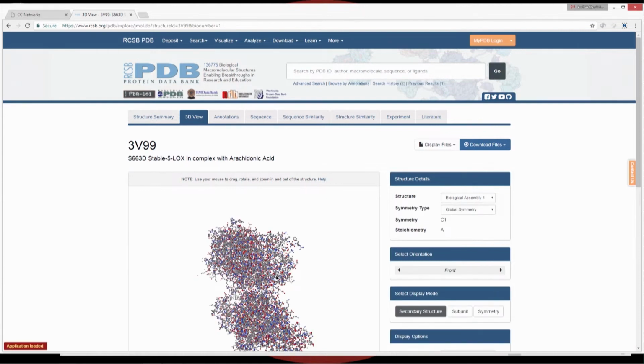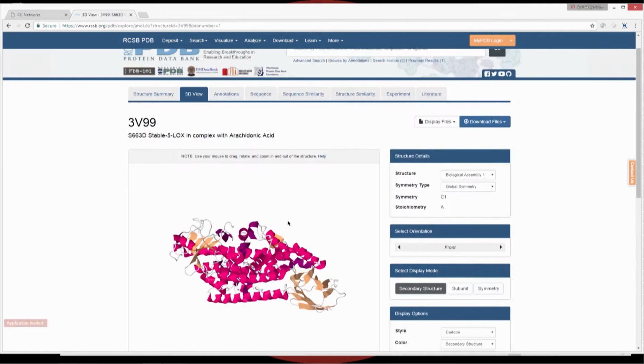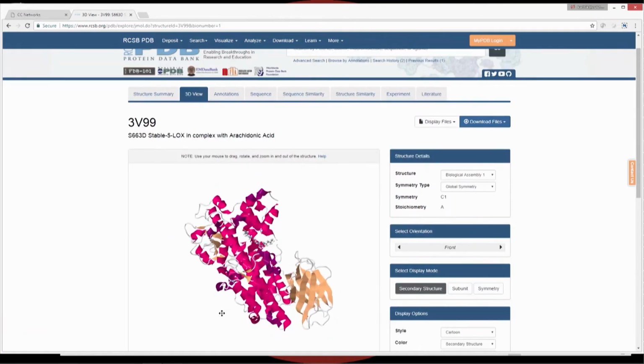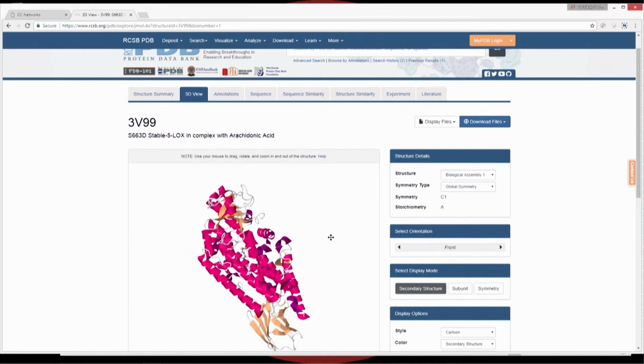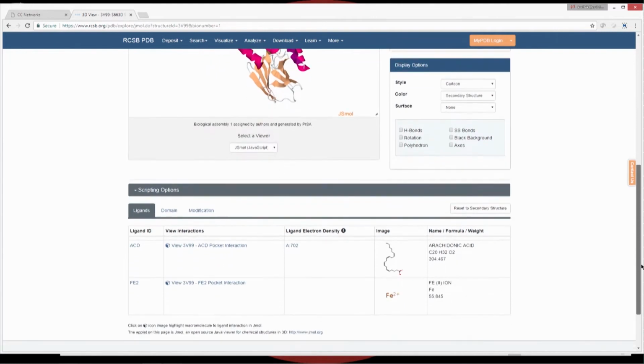As you can see here, this protein has arachidonic acid as well as the ion. So we can specifically look at where arachidonic acid is present. Okay, so this is the arachidonic acid. So we can view the protein from the arachidonic acid pocket.